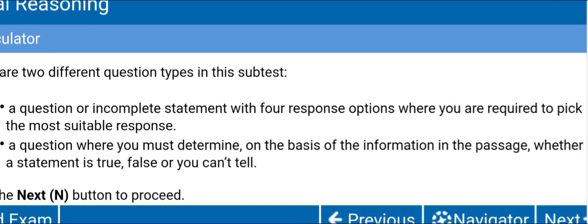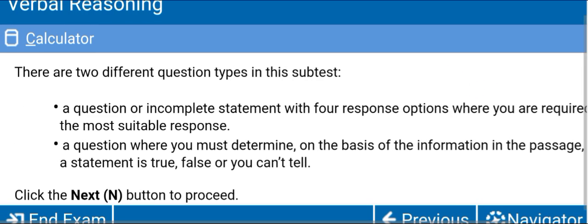Option A, a question or incomplete statement with 4 response options, where you are required to pick the most suitable response. Option B, a question where you must determine, on the basis of the information in the passage, a statement is true, false, or you can't tell.